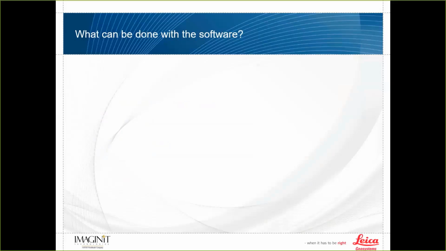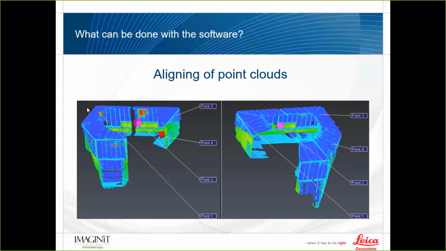Well, they want to put them together, and many folks will use a registration software. Leica obviously has some, but we can also do that here in 3D Reshaper, where we can align two different point clouds just by simply clicking a couple of the same points, right? And that will allow me to put those two separate pieces together, and then I can use them to mesh objects from there if I like.